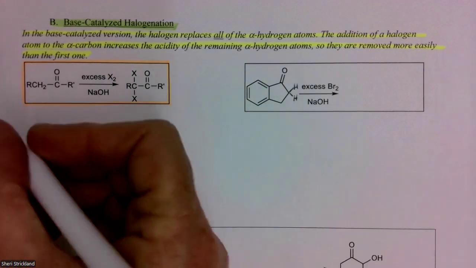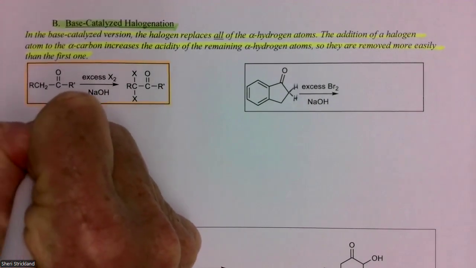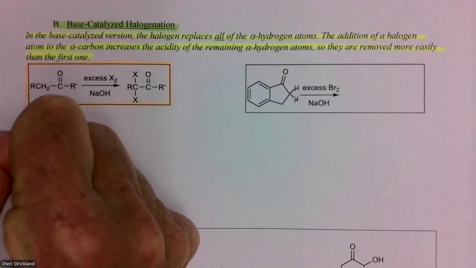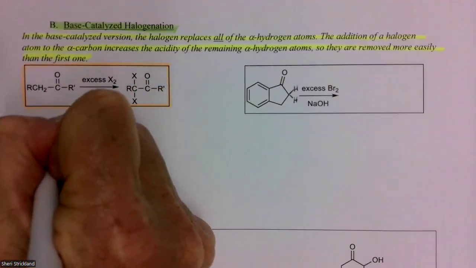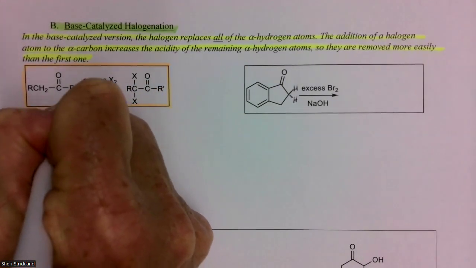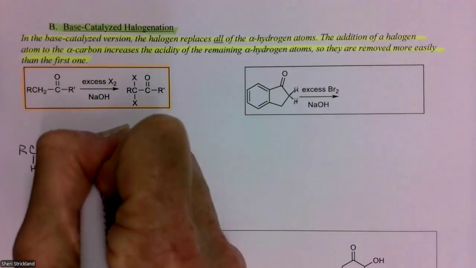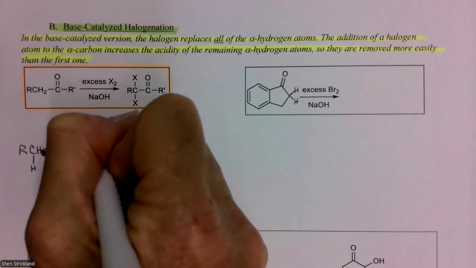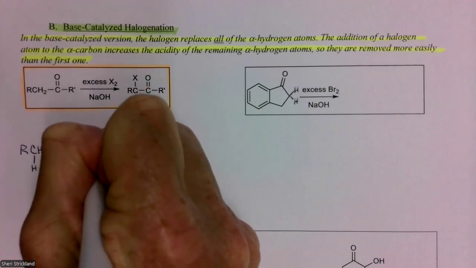All right, so let's bring our general ketone or aldehyde back out, and I think we will go ahead and emphasize that hydrogen there on the alpha carbon. All right, and so in the base-catalyzed tautomerization, the deprotonation comes first, and that's what we see here.